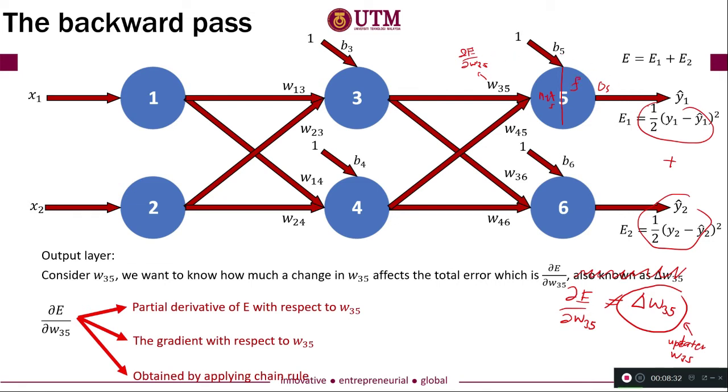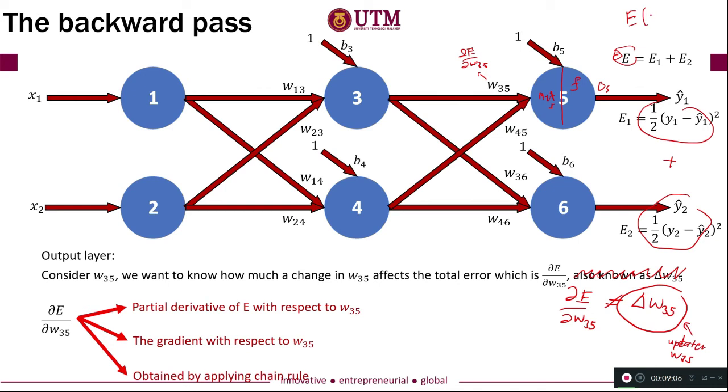So to find del E over del W35, because E comes from here, now del E must be over what? What are the independent variables of E? E should be y1 hat and y2 hat. If you remember, your E actually consists of this.